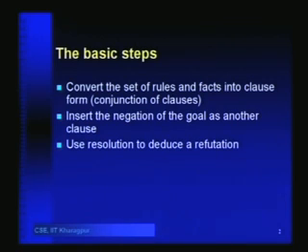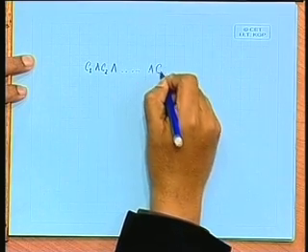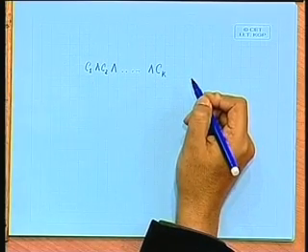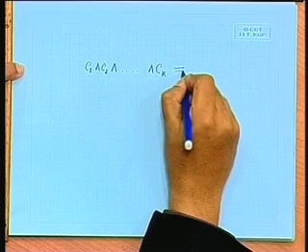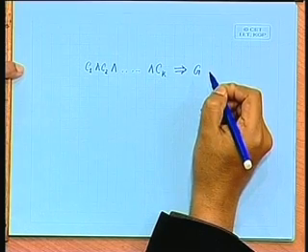The idea is that if I have a set of clauses C1 and C2 and some Ck, suppose this is the set of k clauses that are given to us, and we want to deduce whether this implies the goal G, right.